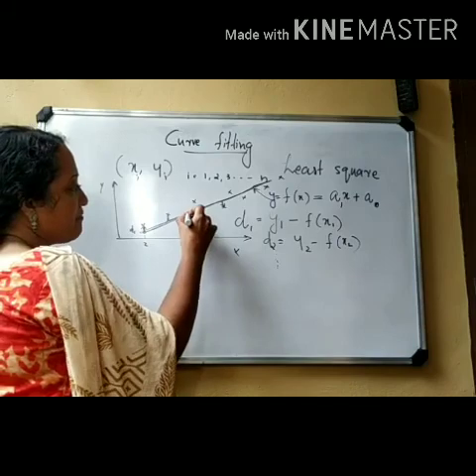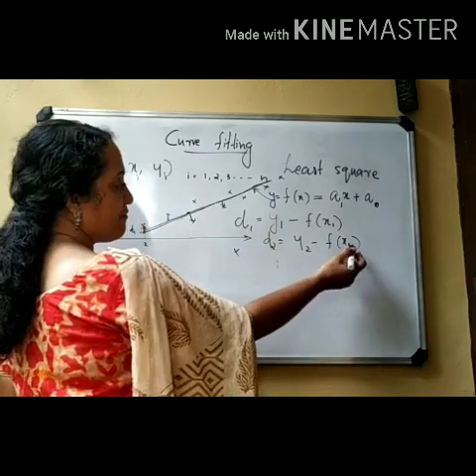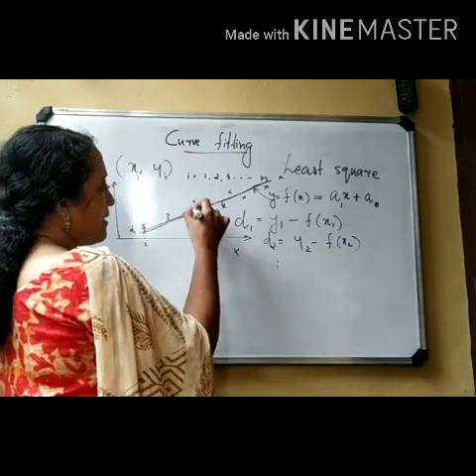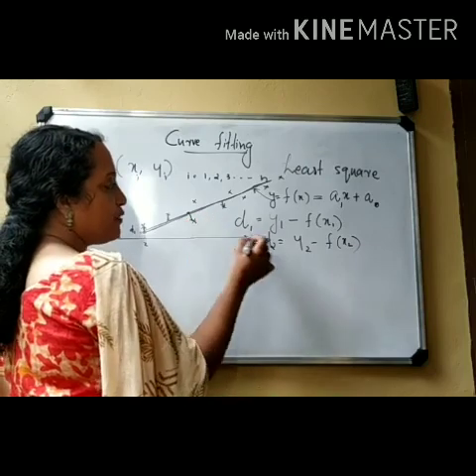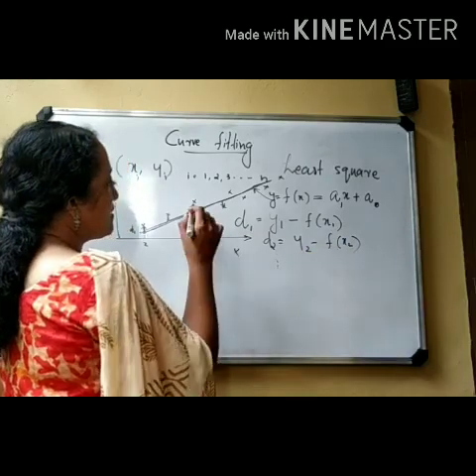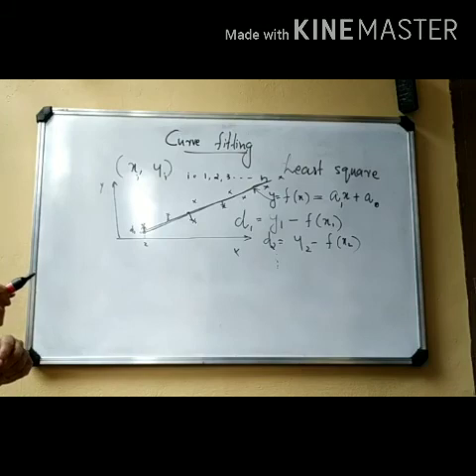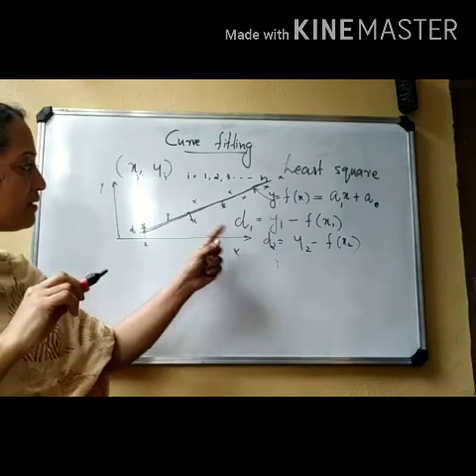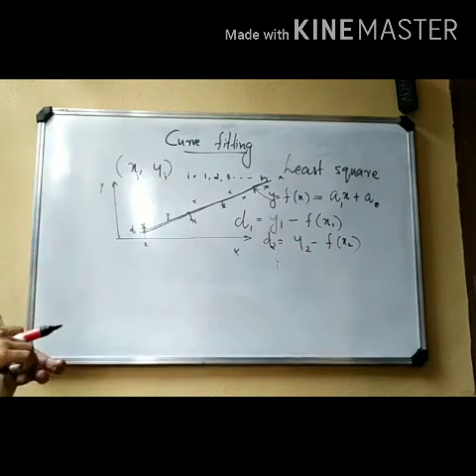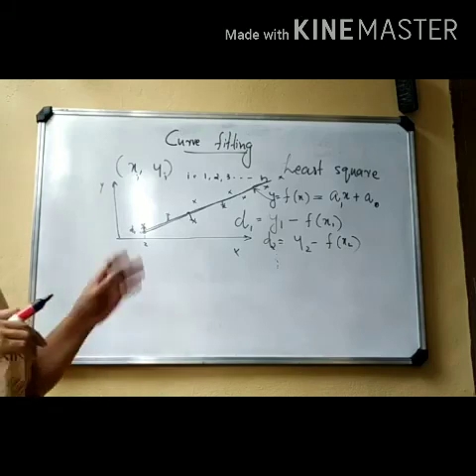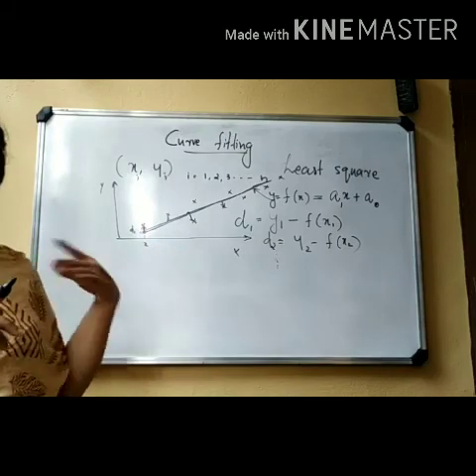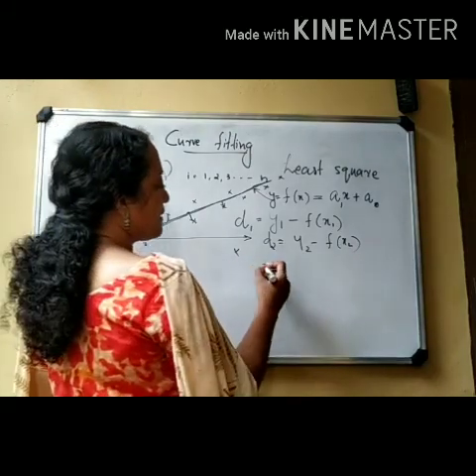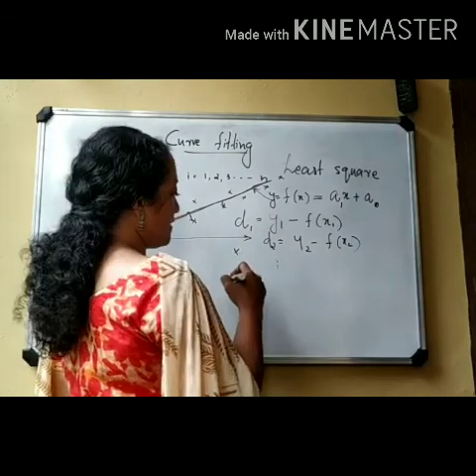This is the f of x3 value, and this is the y3 value. So when we take y3 minus f of x3, the values may be positive or negative. So we will be taking the square of the residuals.